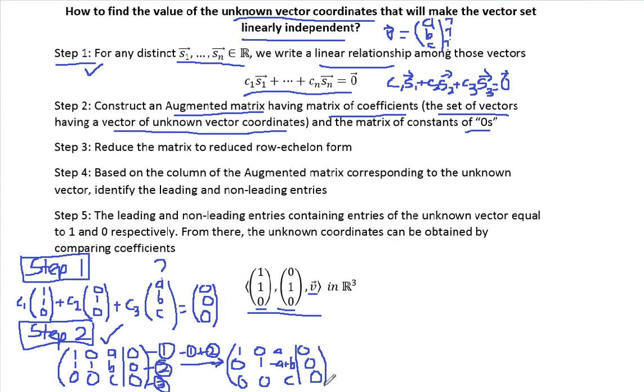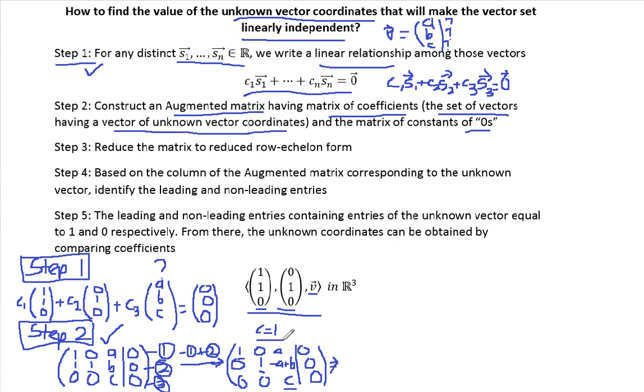Now from here we can already find our unknown coordinates first. We can make this to 1. For this to be a row echelon form, the leading entry has to be 1. That's what we did in our previous video. Therefore we found our value: c equals to 1. So we can write it in this form.